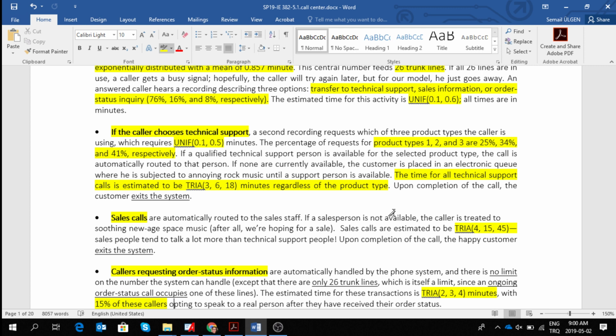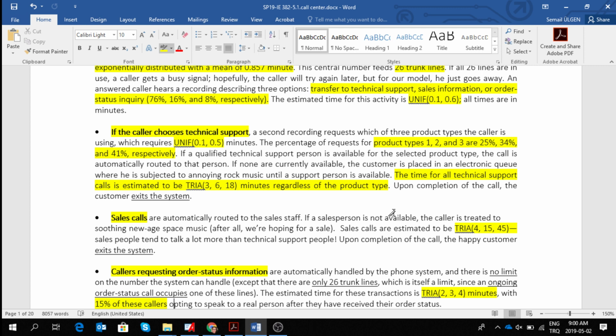The caller is supposed to choose one of the three product types, and the percentages of the requests for each product type are respectively 25%, 34%, 41%. Product 1 is 25%, product 2 is 34%, and product 3 is 41%. So most of the customers are calling for product type 3.